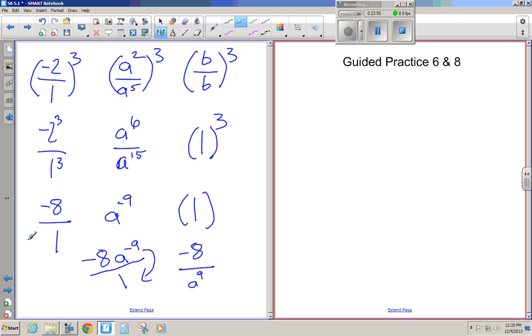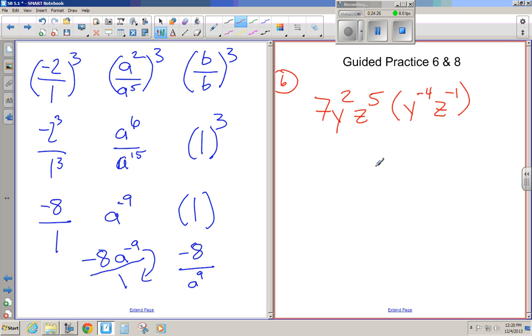All right, let's try guided practice number 6. All right, these are the large ones. All right, so there's a lot of pieces here.